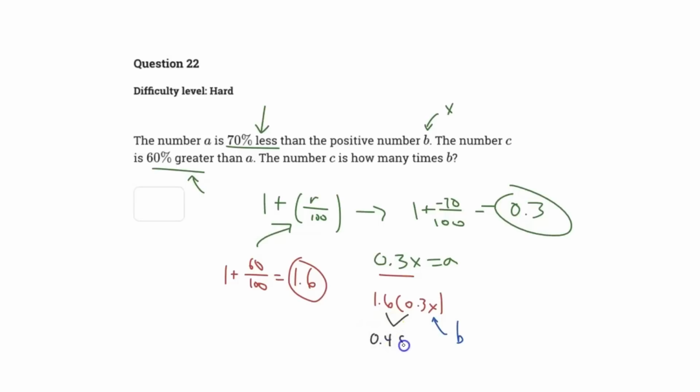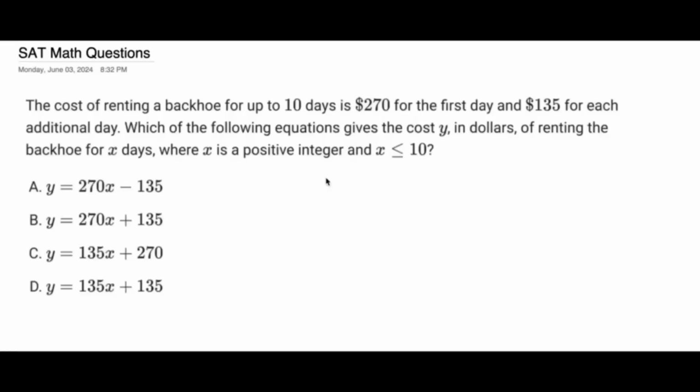So 0.48 B is equivalent to the value of C. So when I ask the number C is how many times B, we have it right here. It is 0.48 times B.